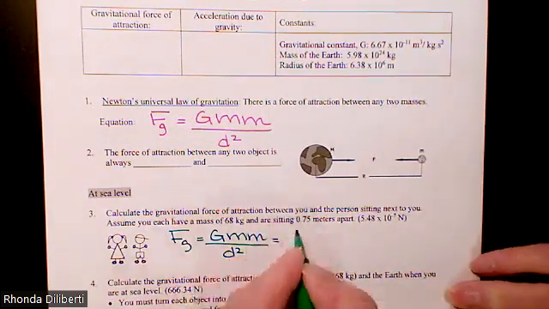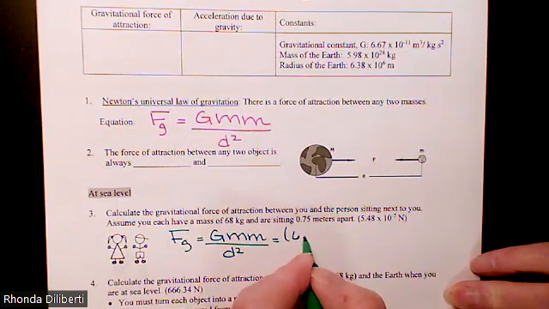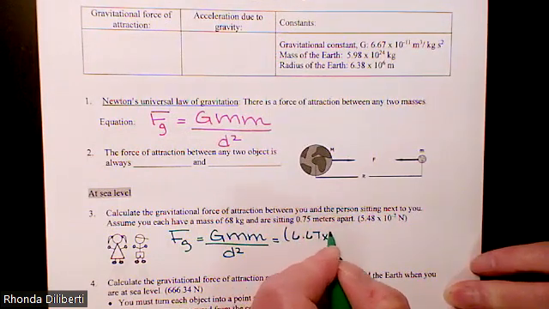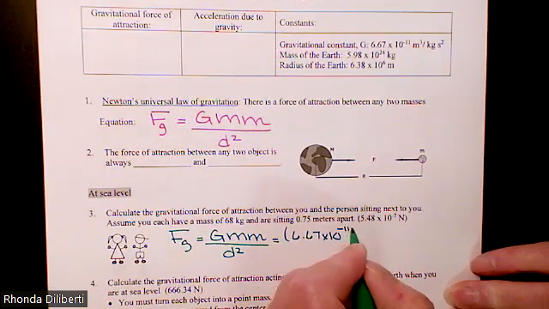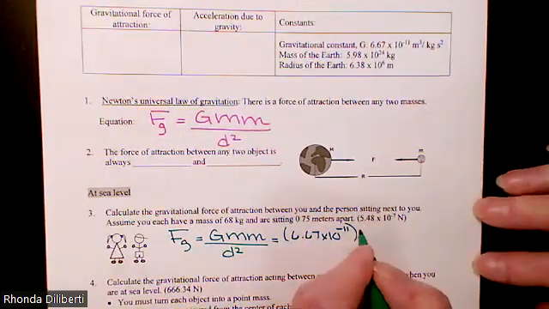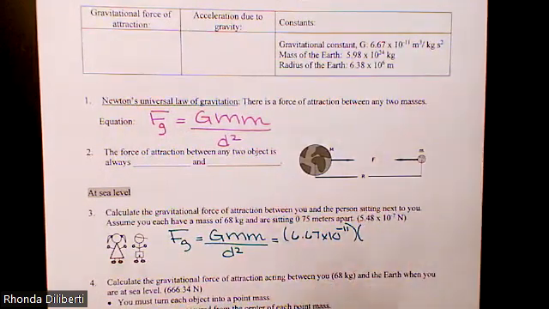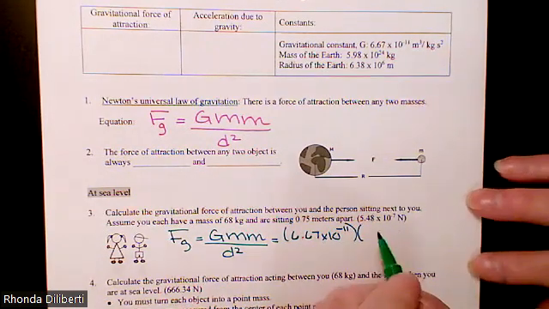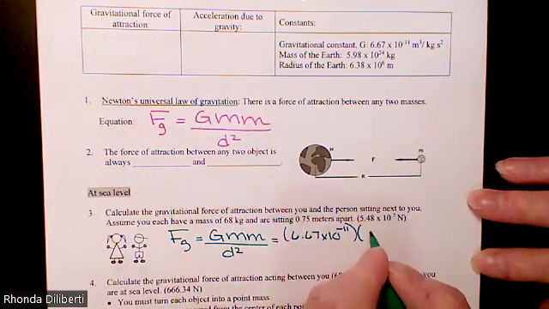So the G is going to be the gravitational constant, and that number is 6.67 times 10 to the minus 11. And then the mass of the first student times the mass of the second student. And I just picked a student who had a weight of approximately 150 pounds, and their mass turned out to be 68 kilograms.